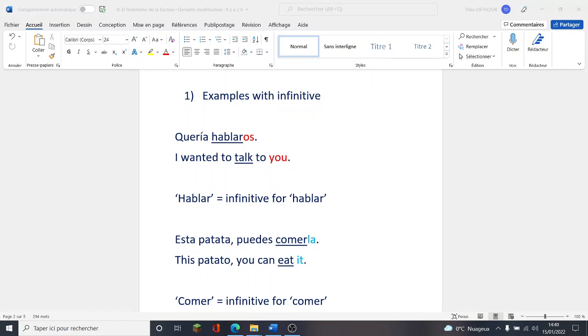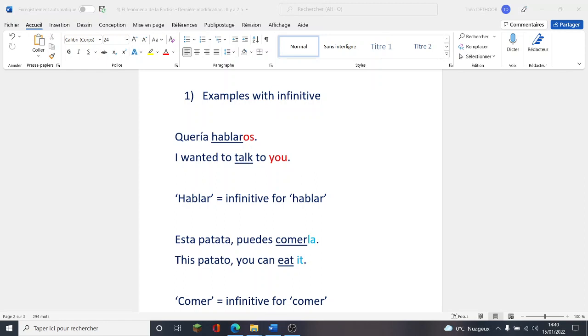The first one is this sentence: quería hablaros, which means in English, I wanted to talk to you. In this sentence, you have the verb hablar and the pronoun os, and both of them are stuck. For this phenomenon, you need to stick the pronoun at the end of the verbal form, so that's what I did here. In English, you don't have this phenomenon.